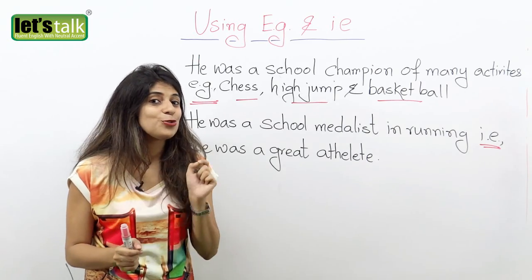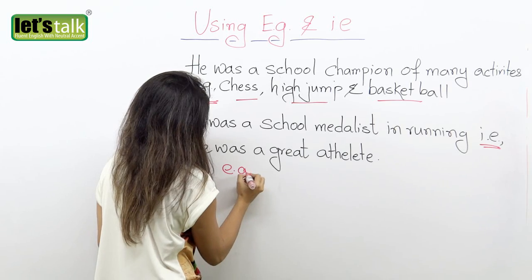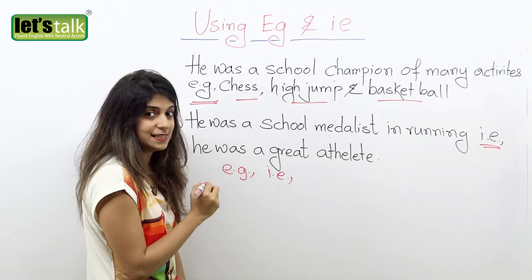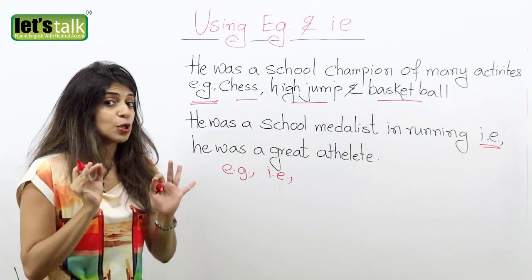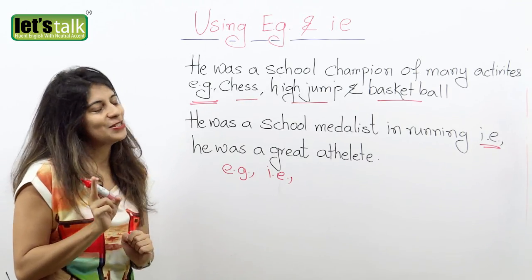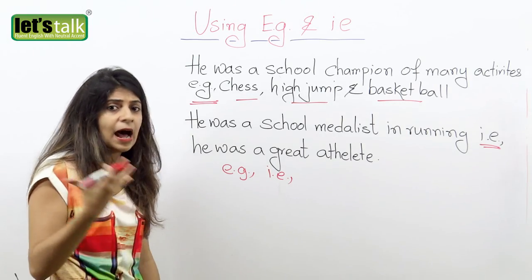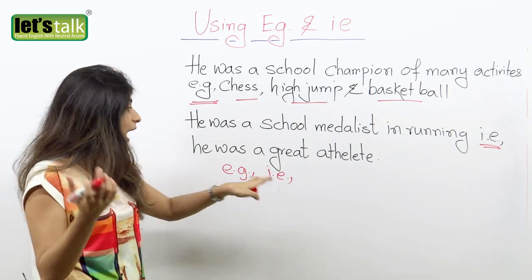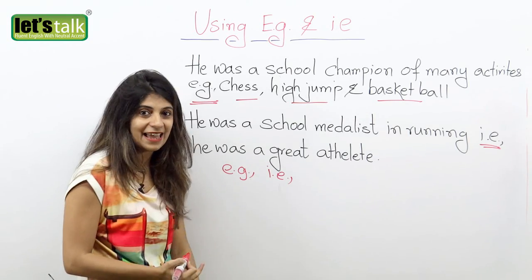Another thing that I want you to remember is that when you use e.g. and i.e., it has to be in lowercase when it comes in the middle of sentences. So make sure you always write it in lowercase. Also, one more thing please do keep in mind is that in many American style guides, you would notice that e.g. or i.e. is followed by a period and a comma at the end.